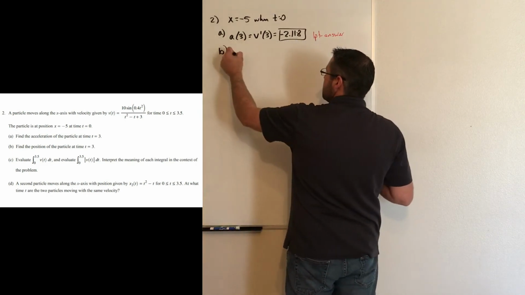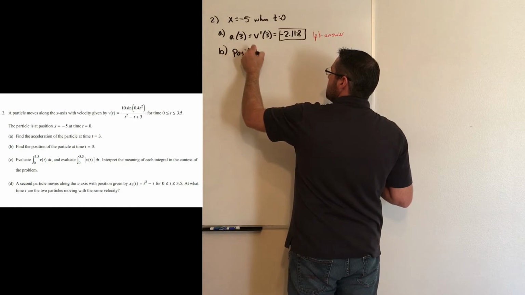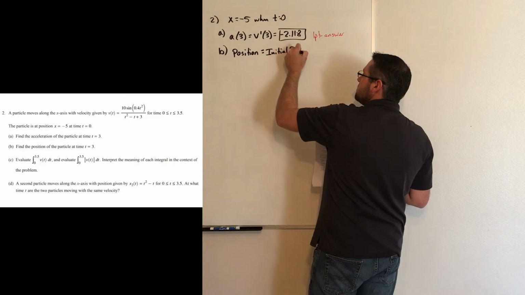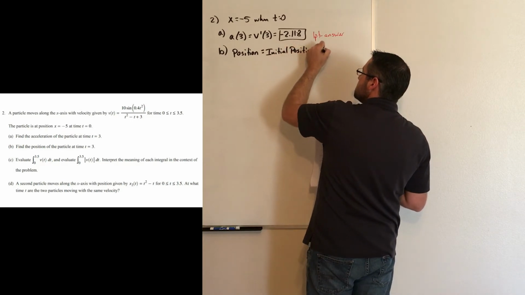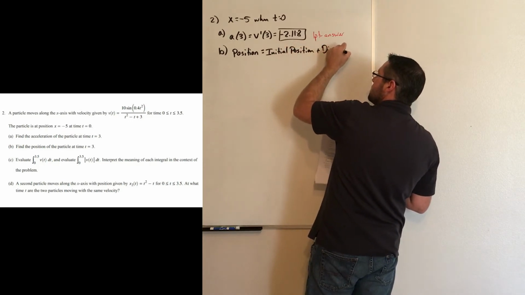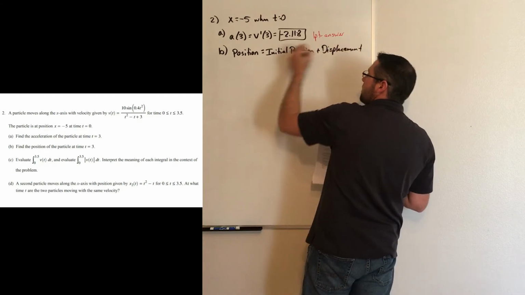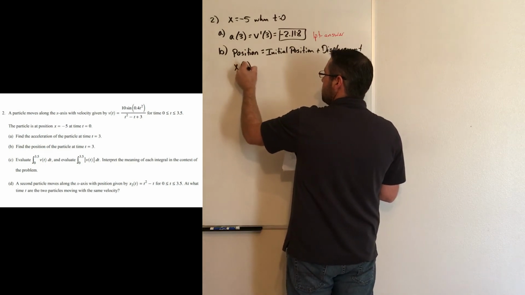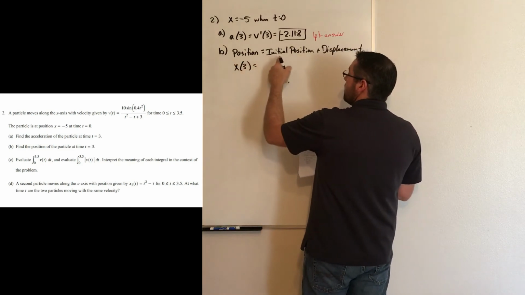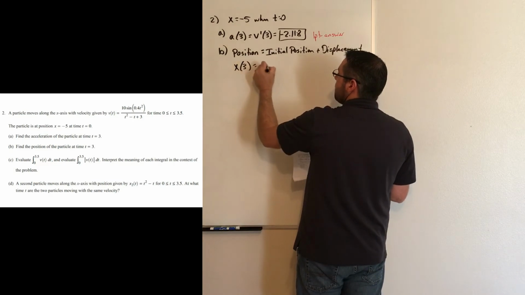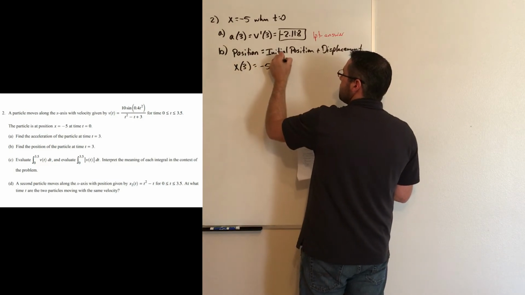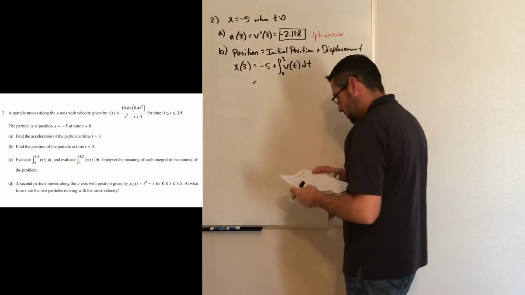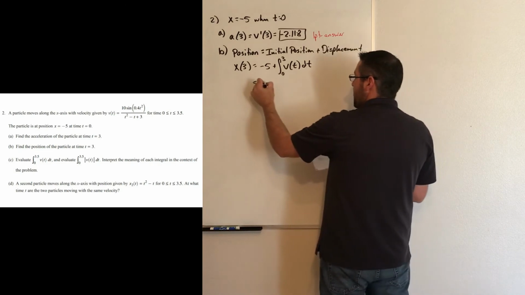Maybe we would say that the position at any time is equal to the initial position plus displacement. All right, so our position when t equals 3, so we'd say x of 3, is equal to our initial position, which was -5, plus the integral from 0 to 3 of v of t dt.